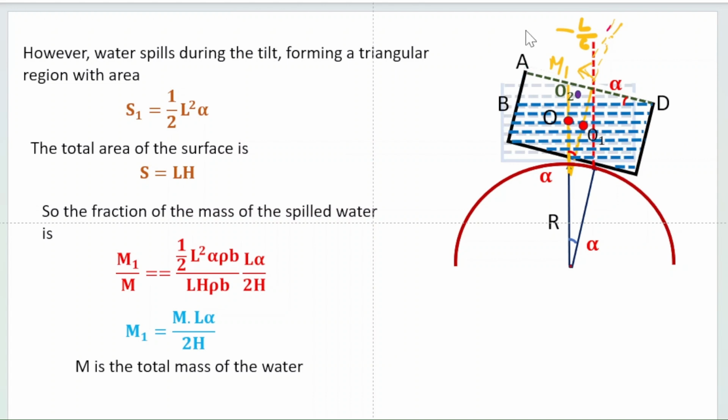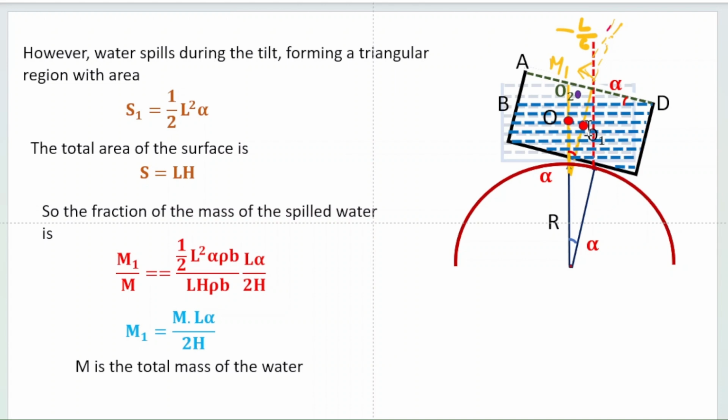From the base of the triangle, the O2 distance is L by 3. But from this line, which is the line of symmetry in the tilted position, the O2 distance is minus L by 6. Why I am writing minus L by 6 is because I take this line of symmetry as a reference line.